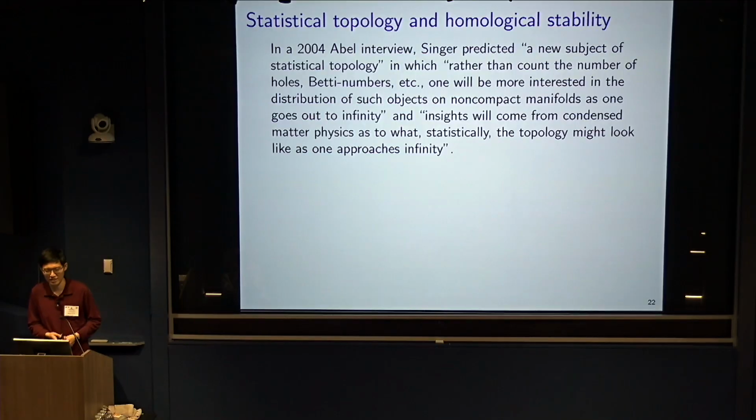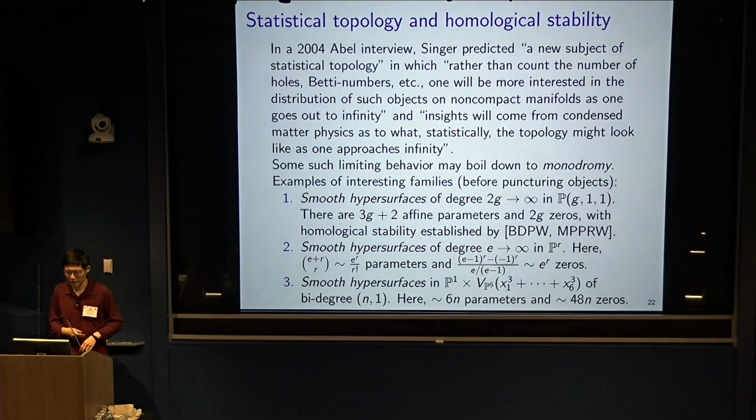He predicted that a new subject of statistical topology will develop, where rather than caring about specific topological invariants, we care more about the distribution. I think that's very closely related to these recent developments in homological stability, where the monodromy group plays the key role in understanding the distribution and stabilizing, and so on.